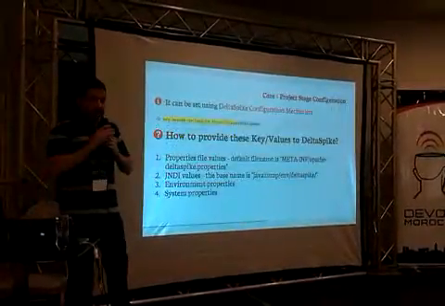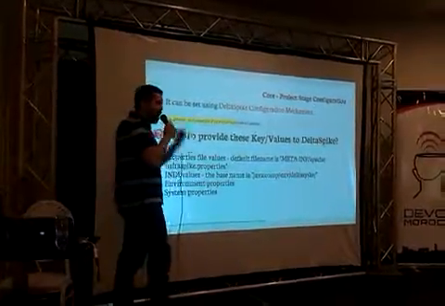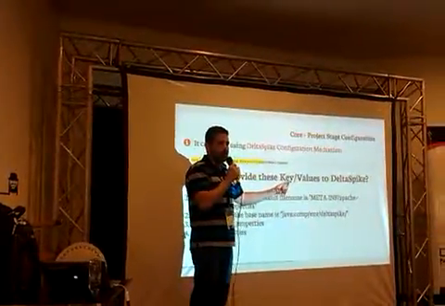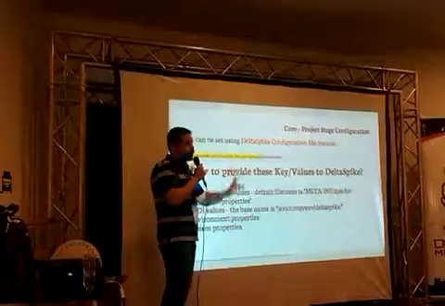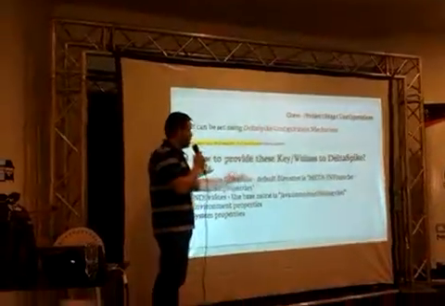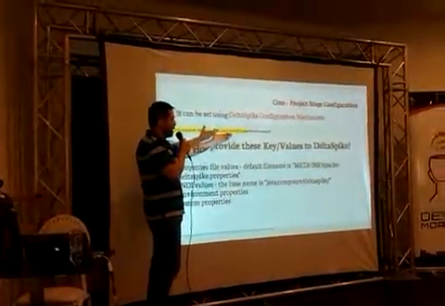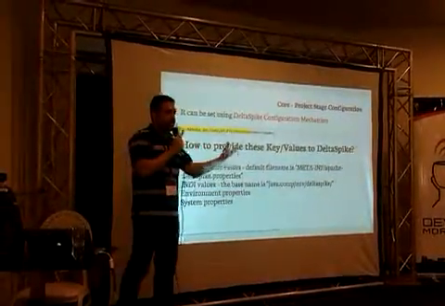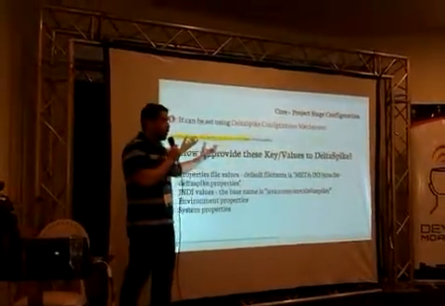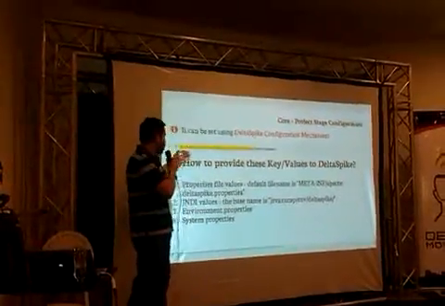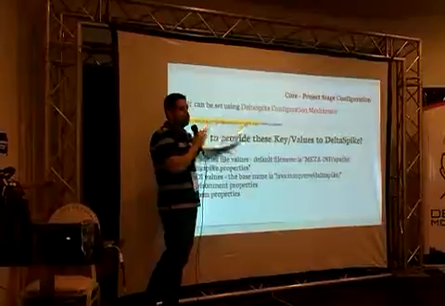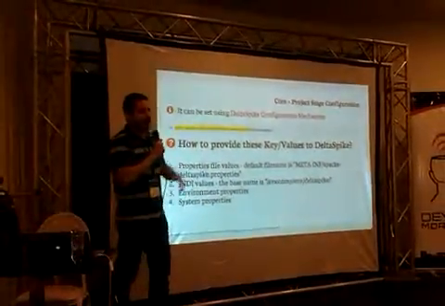So, as I told you, how can you set the project stage in your application? You have to configure it in DeltaSpike. It's part of the DeltaSpike configuration mechanism. What is a configuration? It's just a key and a value. The key for the project stage is org.apache.deltaspike.ProjectStage, and you set that equal to Development or equal to Production.